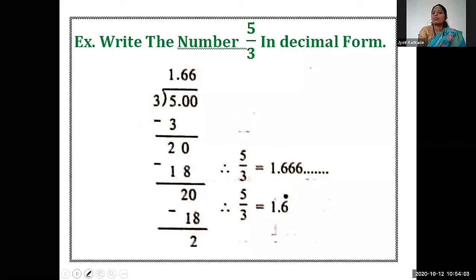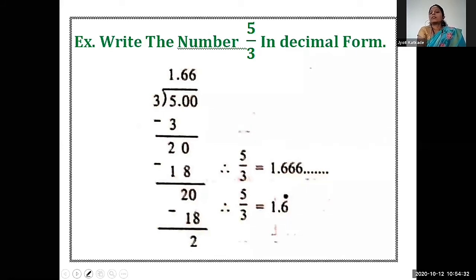This type of decimal form is called recurring decimal form. Means after 1.666 this value is repeating. That type is called a non-terminating decimal form or the recurring decimal form. Why? Because we don't get the remainder as 0.